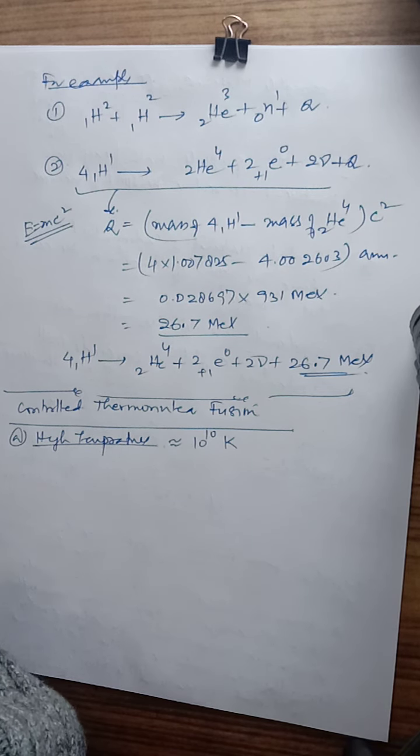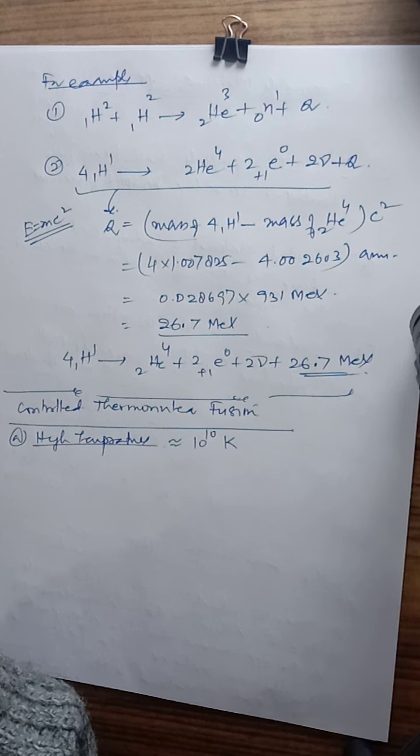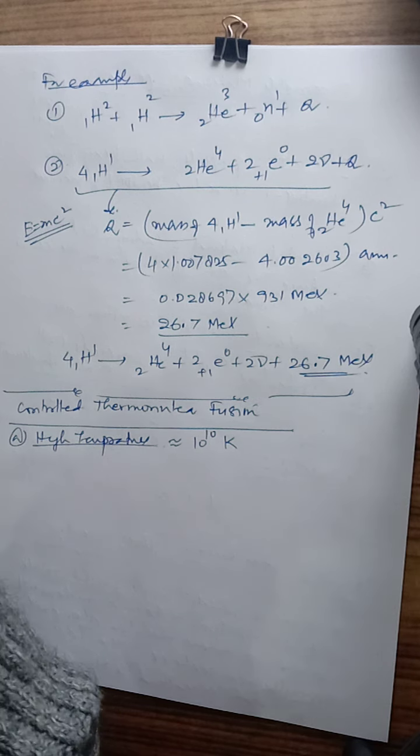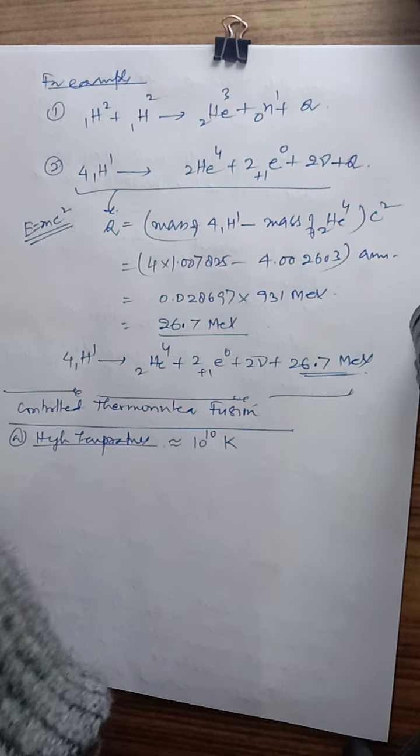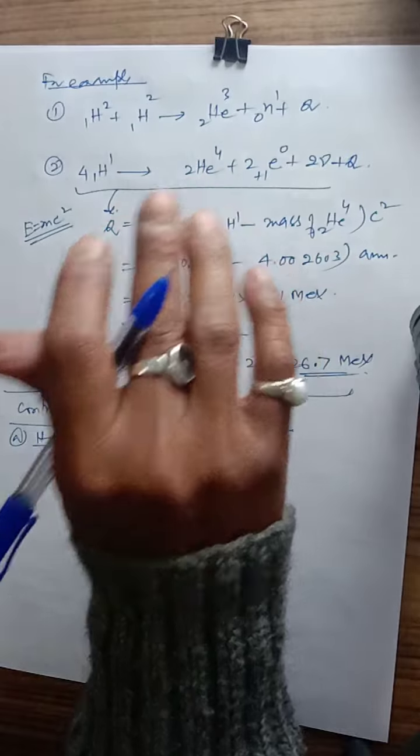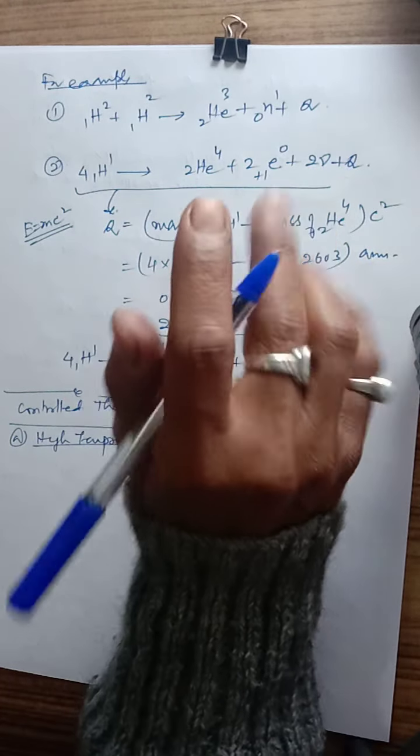At this temperature, the source of deuterons forms a neutral plasma. What does it mean? It means it is the temperature which is required to form a bigger nucleus with the help of two small nuclei, 10 raised to the power 10 Kelvin.